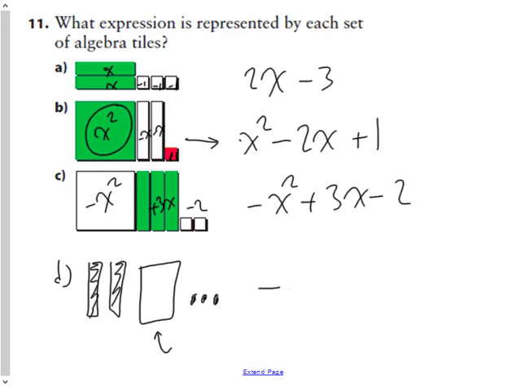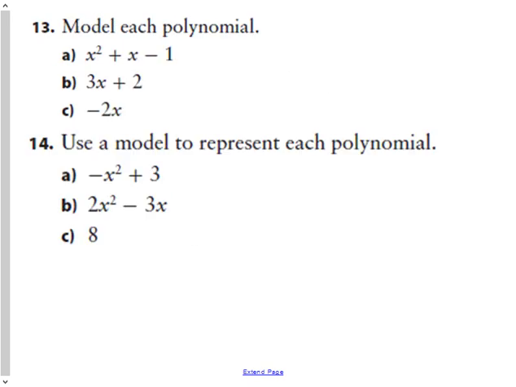So when I rewrite it, I would put that one first, then I would put my 2 x's, then I would put my 3. Even though this is the first thing I see in the picture, I still have to reorganize my algebra tiles according to the degree of the term, and I would put my x squared tiles first in my polynomial. As an extension.